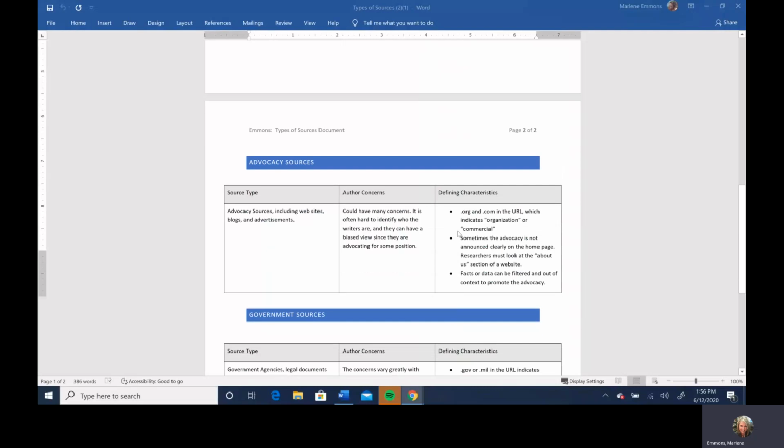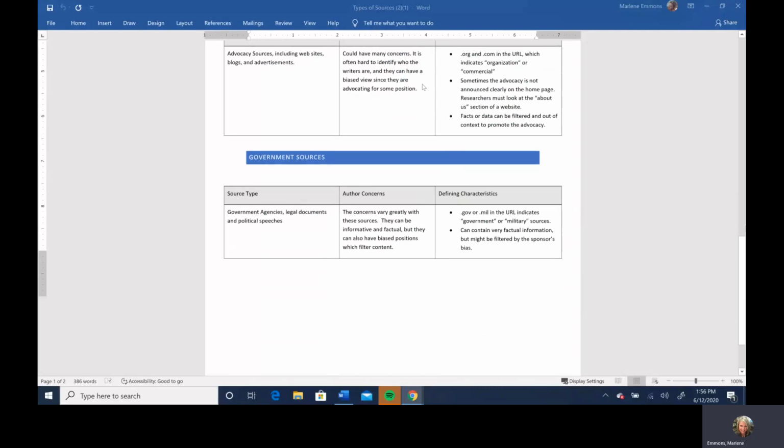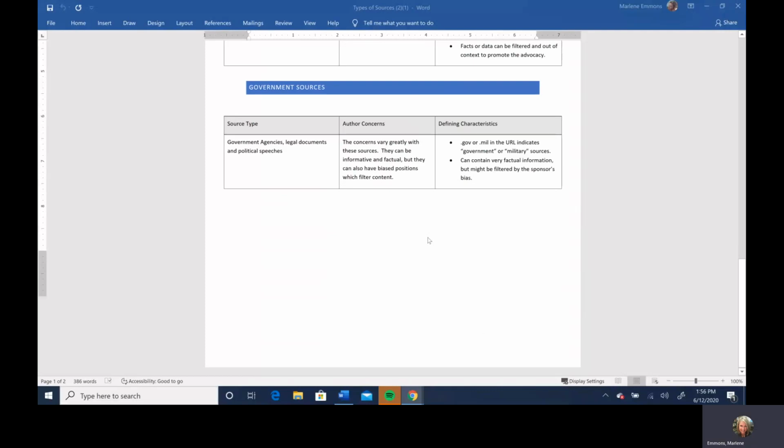Then you also have advocacy sources that come right out and say that they are advocates, and this can take you down the rabbit hole of trying to figure out if you have the correct information and if the information that you have is sufficient or valid. And then, of course, government agencies, which can give really great factual information, but can also have a political bias.